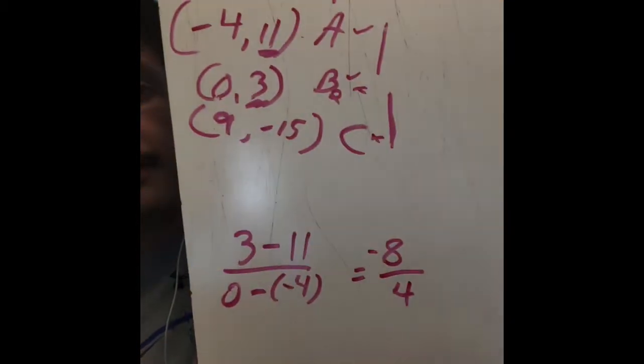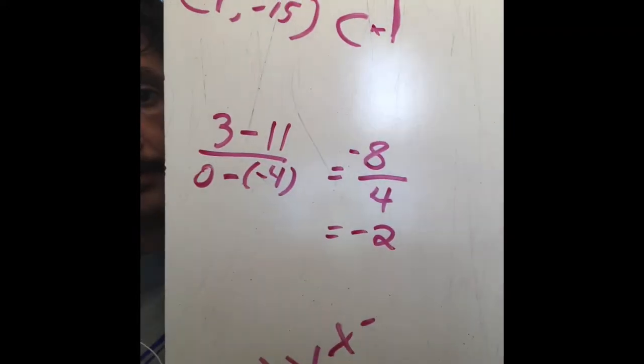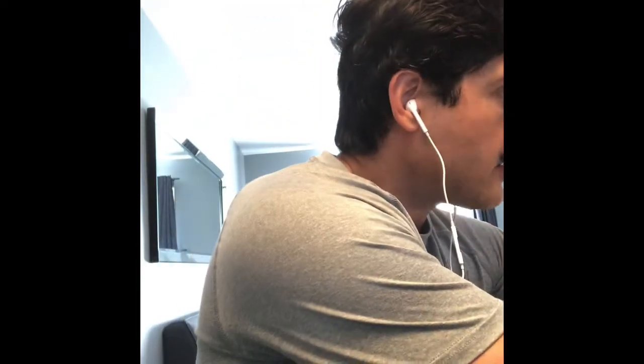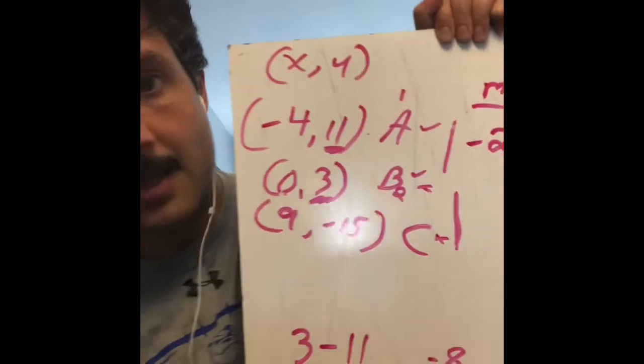So that's going to equal 3 minus 11, which is negative 8, over 4. Negative 8 over 4, or another way of putting that is negative 2. Done. So from A to B, we have a slope of negative 2. My m is negative 2.